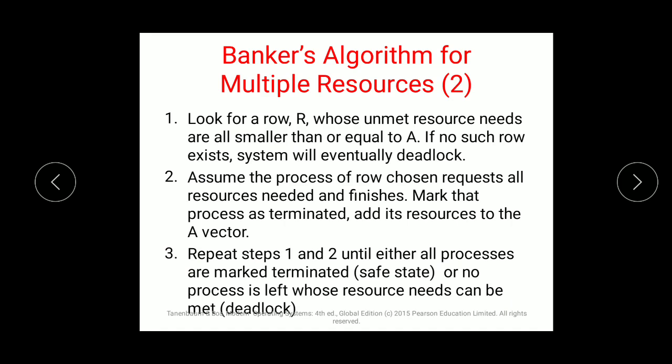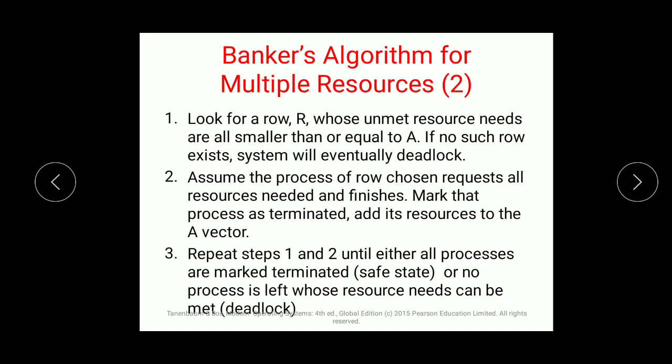Next is, look for a row R whose unmet resource needs are all smaller than or equal to A. If no such row exists, the system will eventually deadlock. So if units are not available, it will ask for a resource from somebody else and get into a deadlock condition. Assume the process of the row chosen requests all resources needed and finishes. Mark that process as terminated.